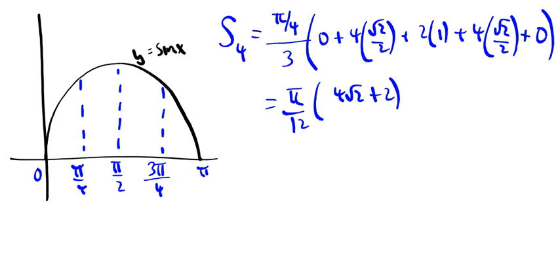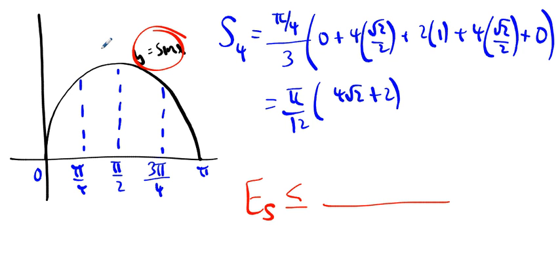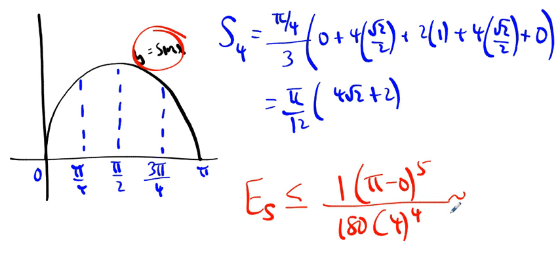In fact, in this case, the error on Simpson's approximation is less than or equal to, well, you can imagine the fourth derivative on this is that, and the biggest it gets on 0 to pi is 1 times (pi minus 0) to the 5th power over 180 n to the 4th, and this is approximately 0.00664, and that's a pretty good approximation with 4 subintervals. So imagine if there were 8 or 12 or 16, you could get really, really close really, really fast.